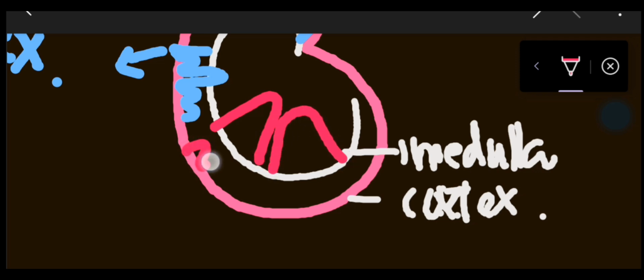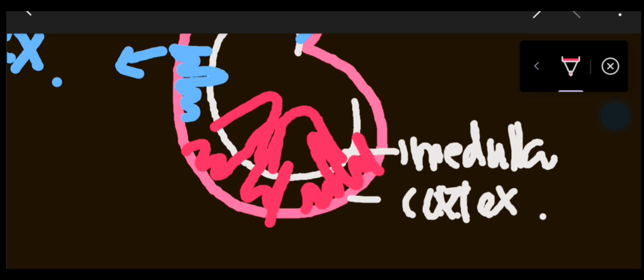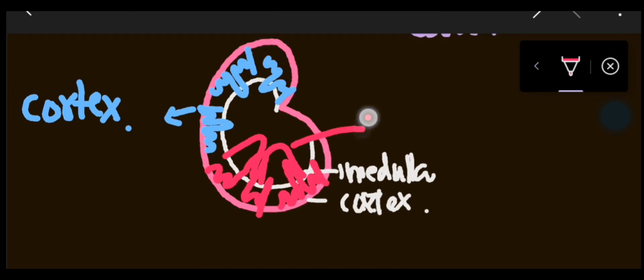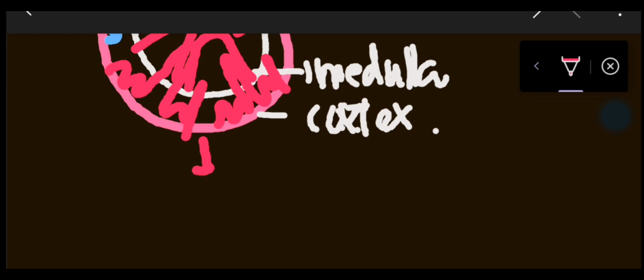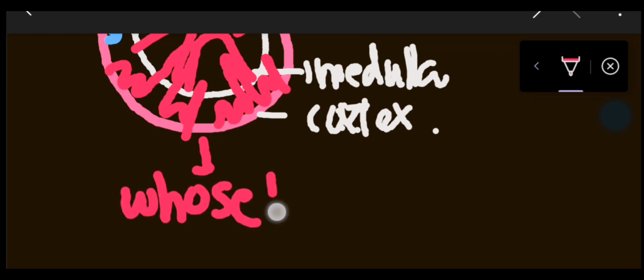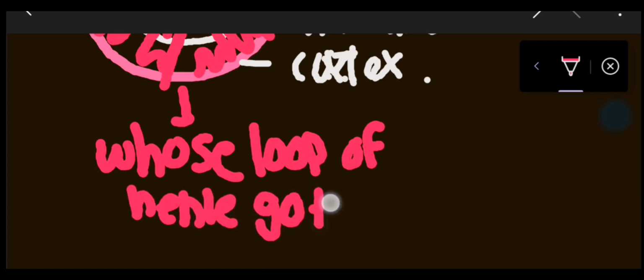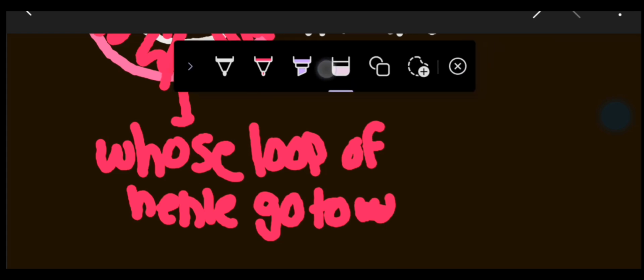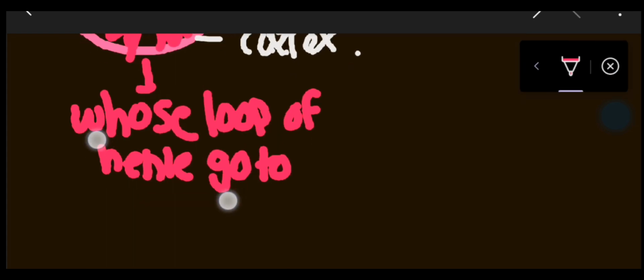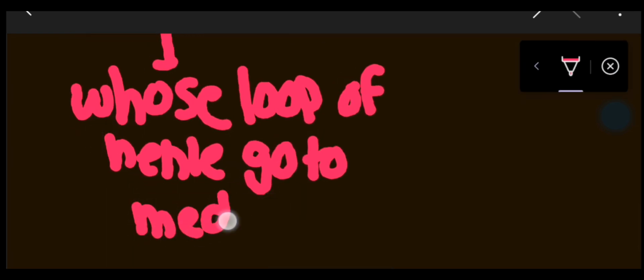Juxtamedullary nephrons are those nephrons whose loop of Henle goes down into the medulla, towards the pyramids. Those whose loop of Henle goes into the medulla are known as juxtamedullary nephrons.